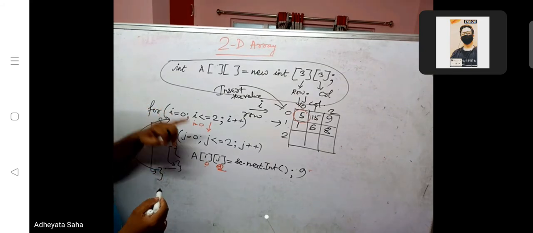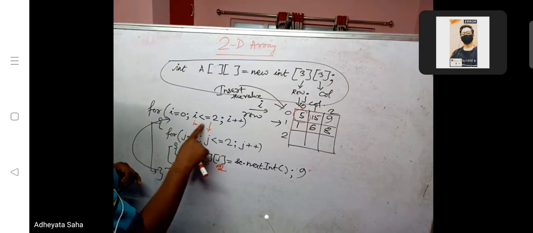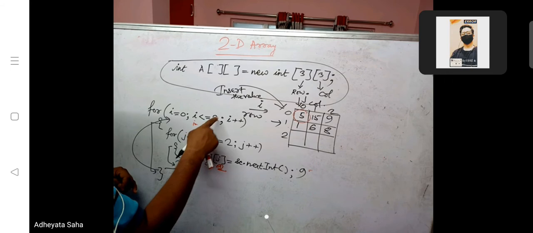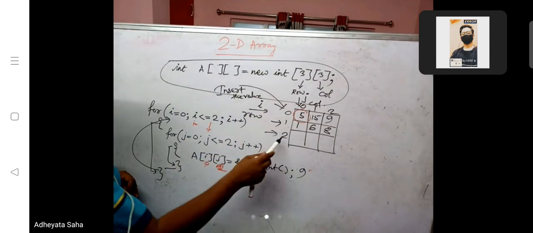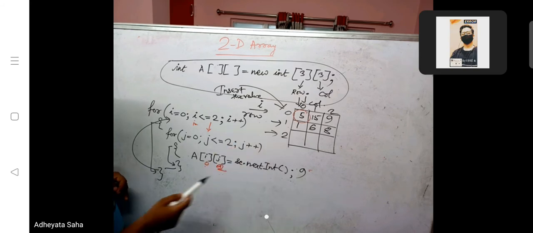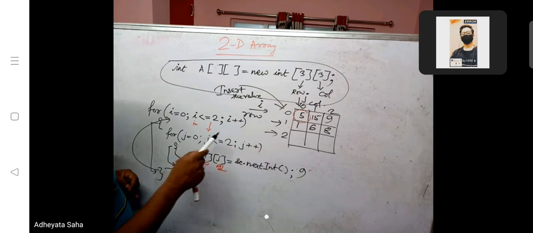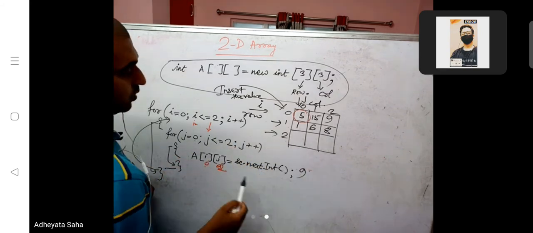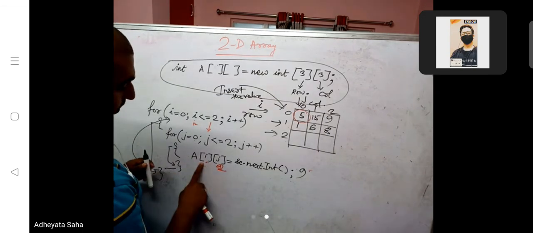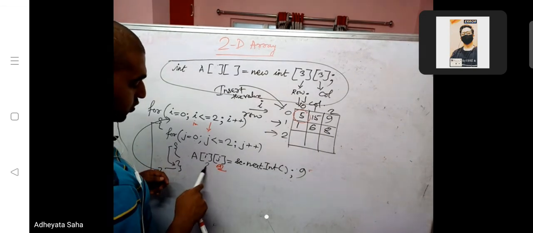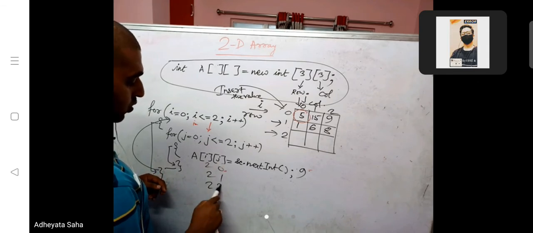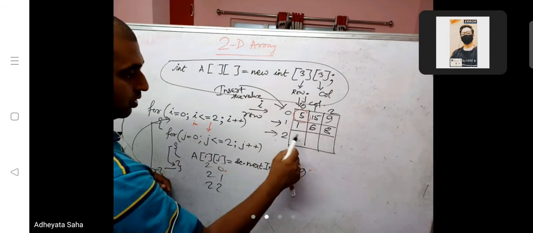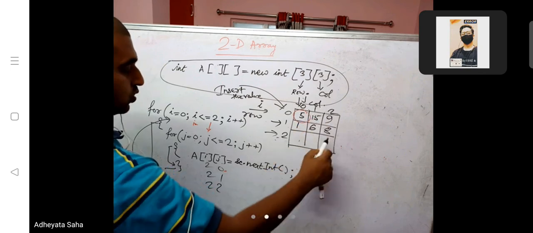Again it will come out, go up. Now i will be 2. 2 is less than or equal to 2, yes, so now the pointer will come to the second row. Then j will start from 0 till 2, but your i value will be 2: a[2][0], a[2][1], a[2][2].